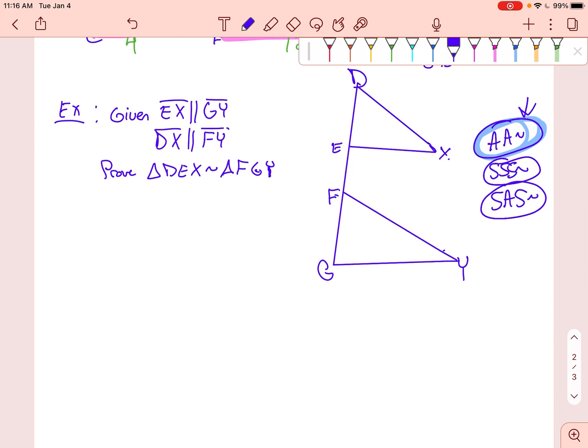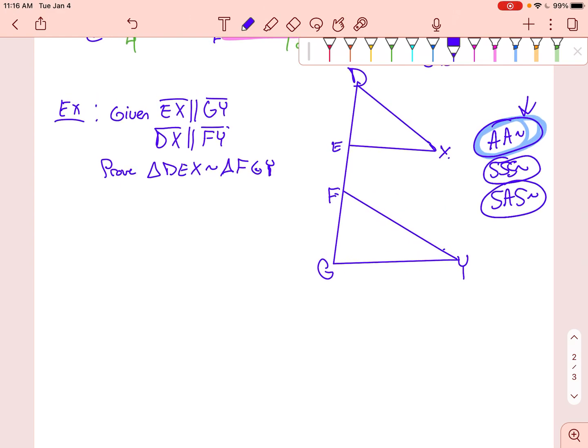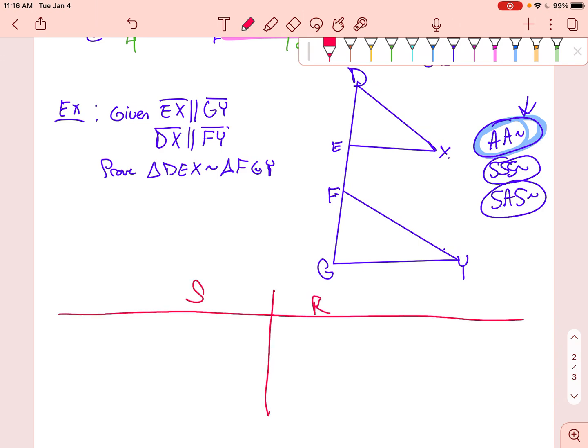The only thing I would say is we would use side, side, side or side, angle, side more algebraically. In terms of our standard 2-column proofs, we're probably going to be using angle, angle. So let's go ahead and write our first proof of the year.